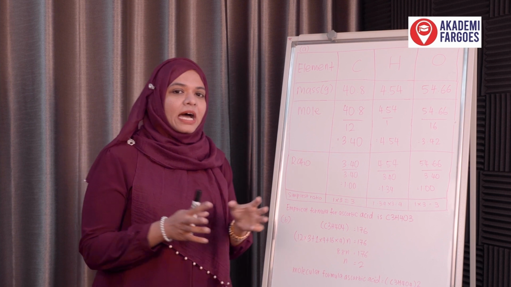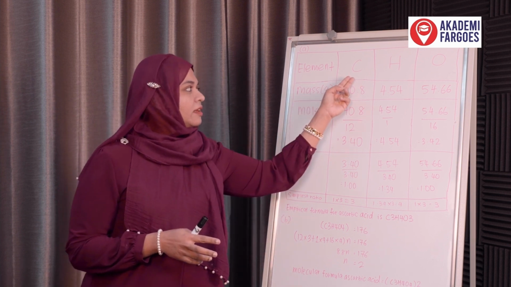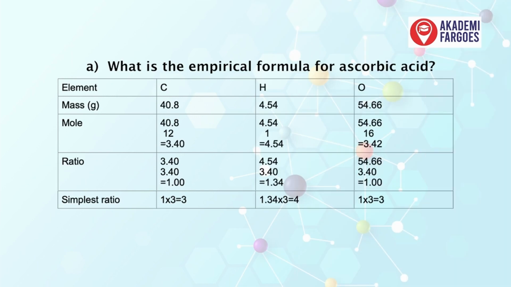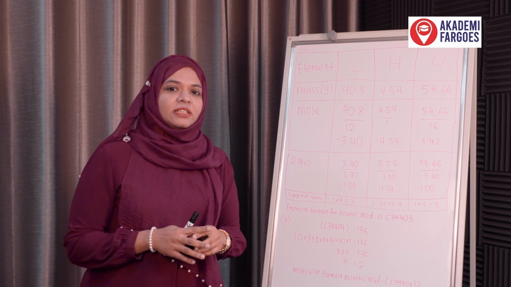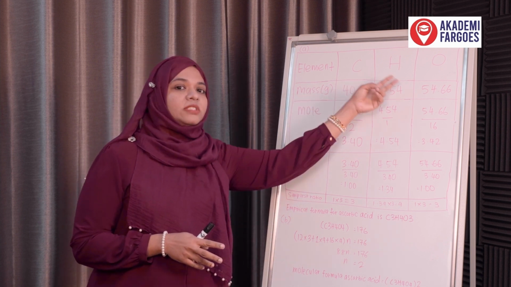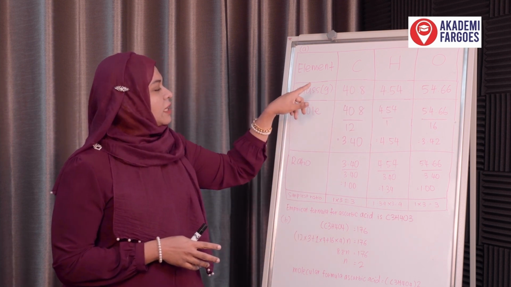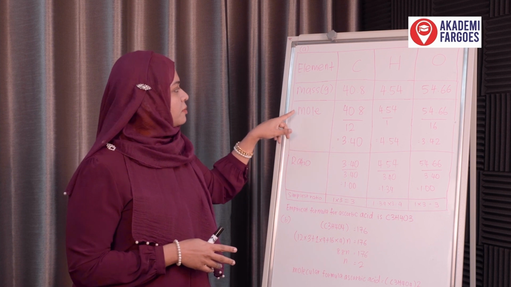So it depends on how the question looks like. Like this question, ascorbic acid, they provide 3 elements, which is carbon, hydrogen and oxygen. Okay, some question they may have 2 elements only, maybe magnesium and oxygen. So it depends. Okay, we focus how we going to calculate this empirical formula for ascorbic acid.